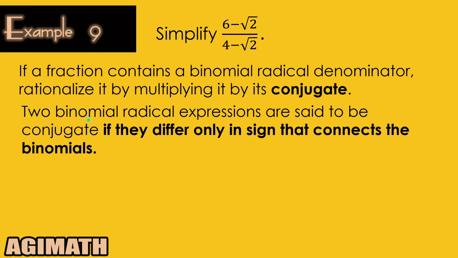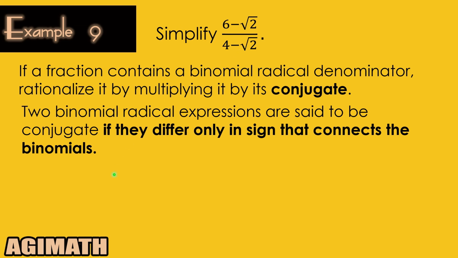Two binomial radical expressions are said to be conjugate if they differ only in the sign that connects the binomials. Look at the words in bold: if they differ only in the sign that connects the binomials. So these are the signs. When we say terms, these are just separated by plus and minus.